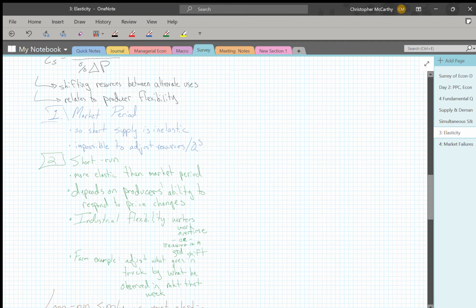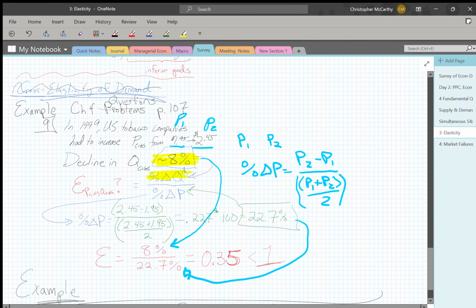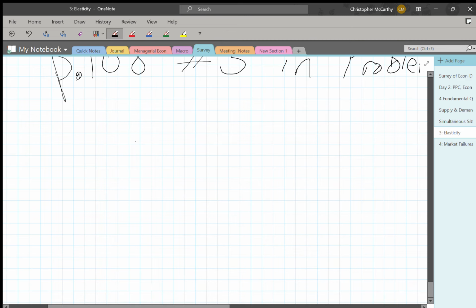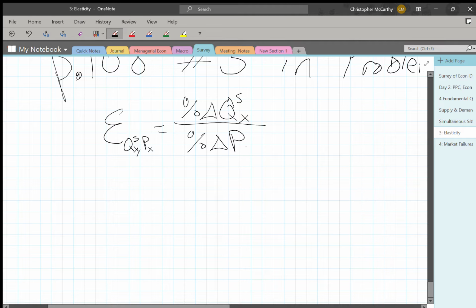So we're going to go ahead and rewrite that formula down here. So the elasticity of the quantity supplied and the price of some good X is equal to the percentage change in the quantity supplied of that good X divided by the percentage change in the price of that good X.